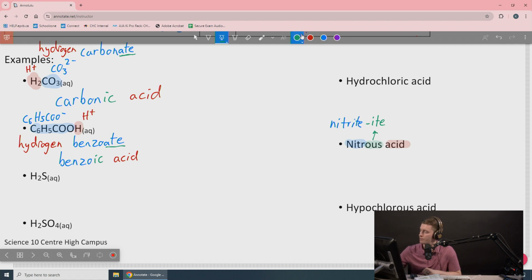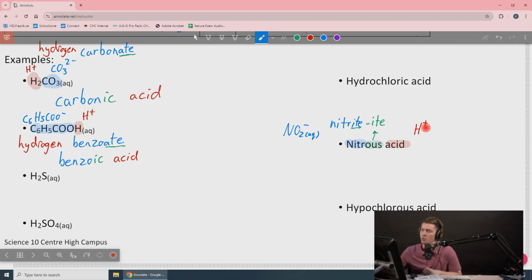This would be coming from a nitrite. The word acid, remember, means H+, so now I have to make a compound that balances H+ with nitrite. Nitrite you can find in your periodic table as being NO2- aqueous. It's got a 1- charge.